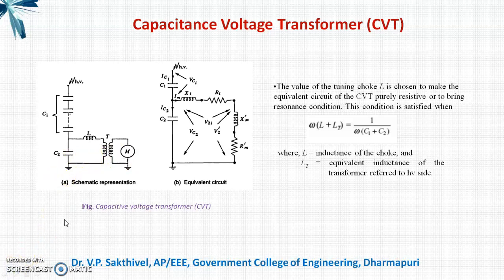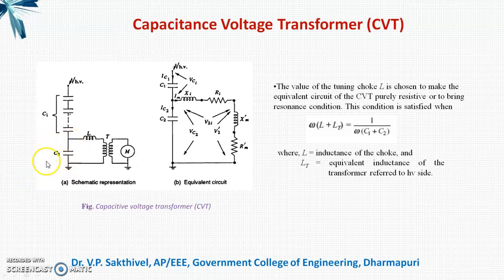Then the total capacitance is about 10 to the power of minus 9 farad, and the capacitance value of C2 is chosen in such a way that the voltage is about 10 to 20 kV.